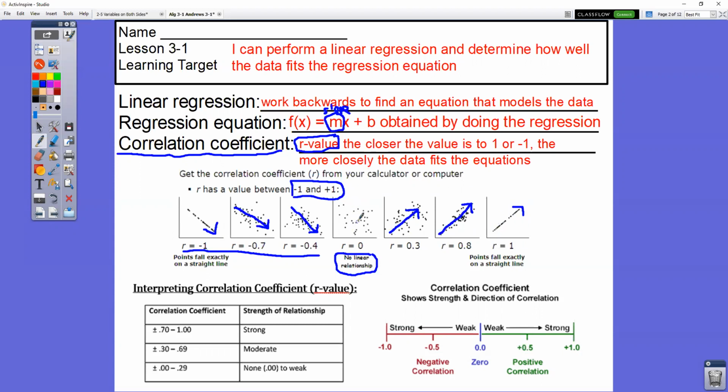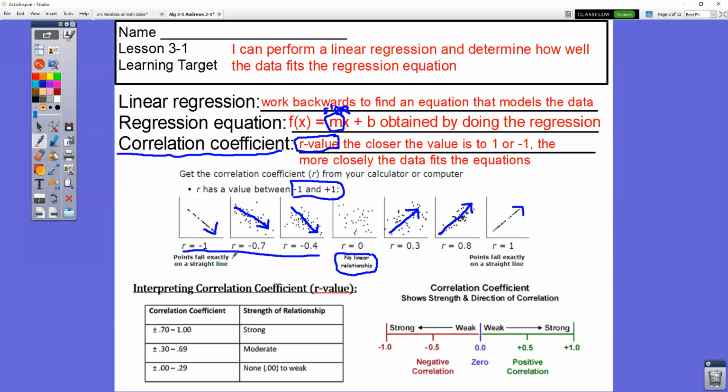At 0, the data is all over the place. You can't tell if it's going up or if it's going down. As we get closer and closer to the 1 and the -1, that becomes a stronger and stronger relationship. So that gets closer and closer to forming a straight line. As we get closer and closer to 0, the points spread out more.